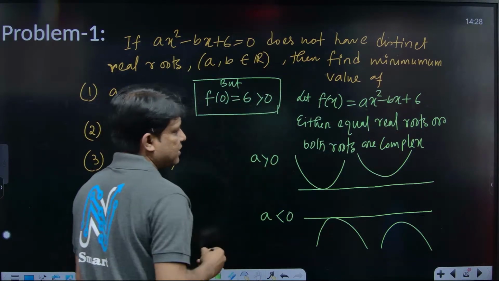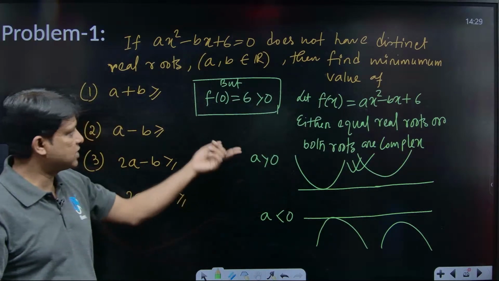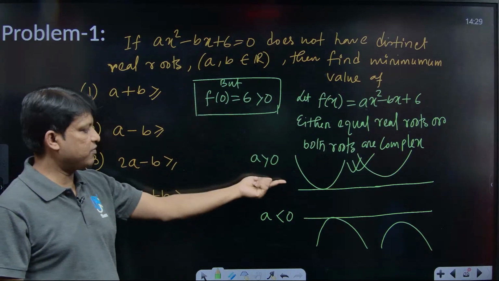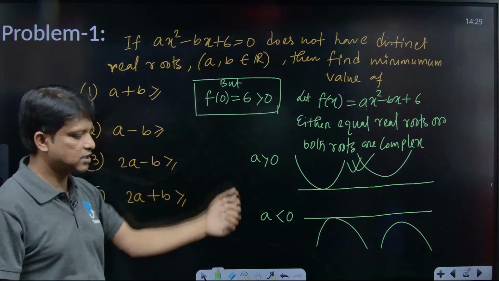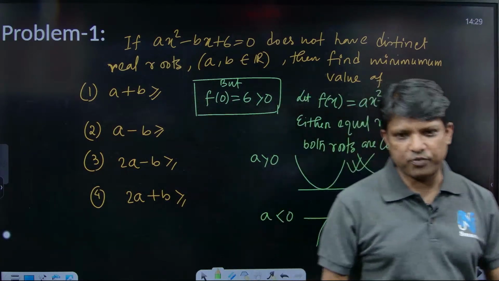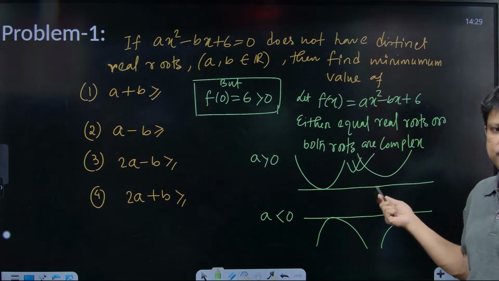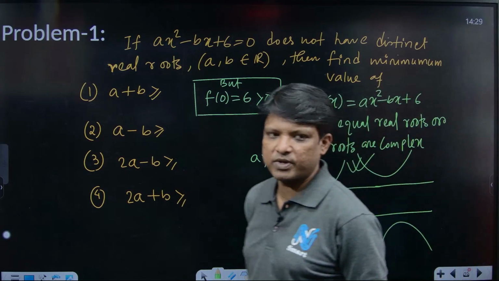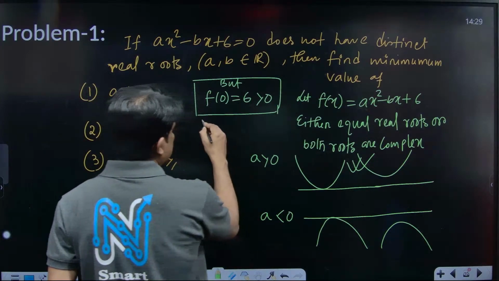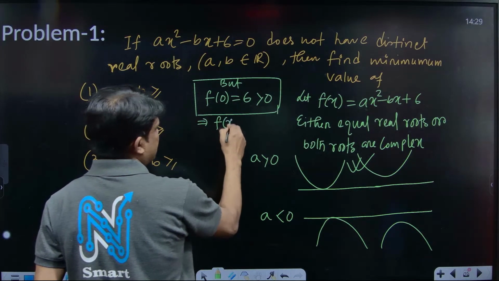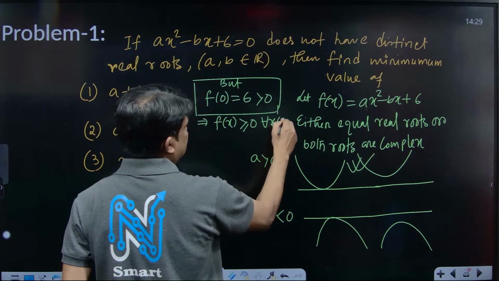That means the function is an upward parabola, because at x equal to 0 it gives a positive value. It either touches the x axis with equal real roots or is above the axis with complex roots. That means confirm f(x) must be greater than or equal to 0 for all real x, yes or no?